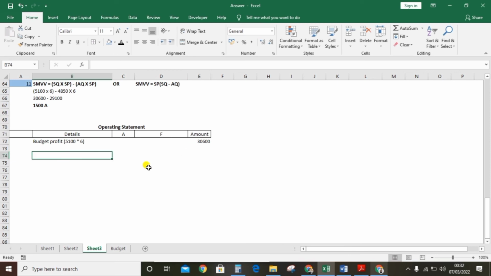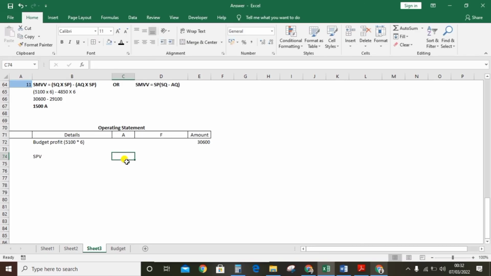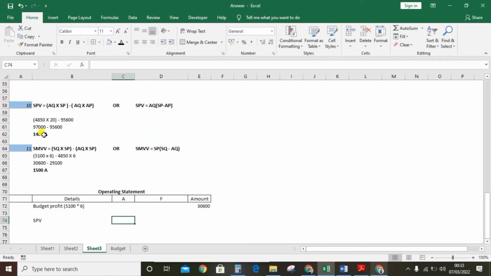Then we add the variances one by one. First, sales price variance, as per the calculation, 1,400 adverse. Next, sales margin volume variance, 1,500 adverse.